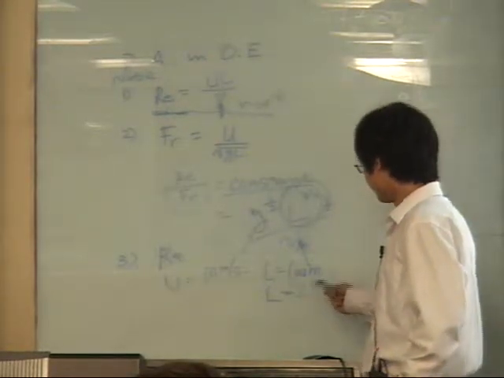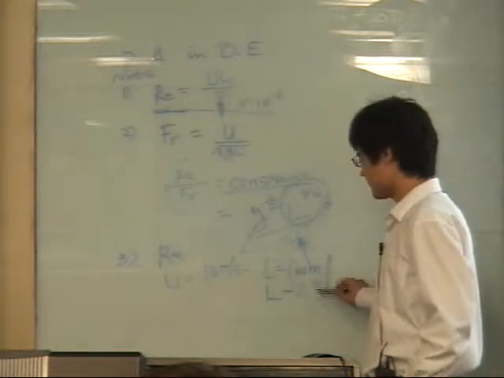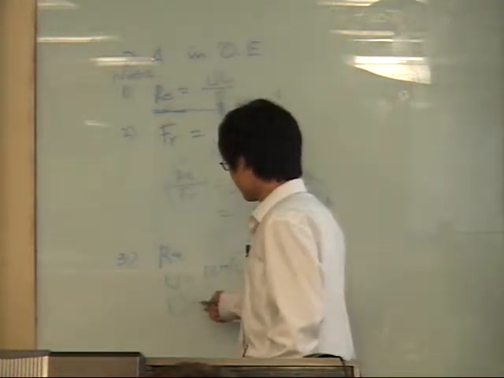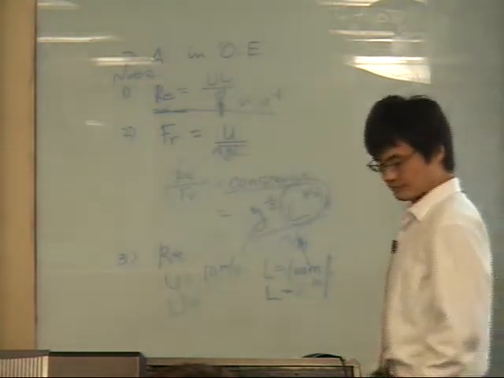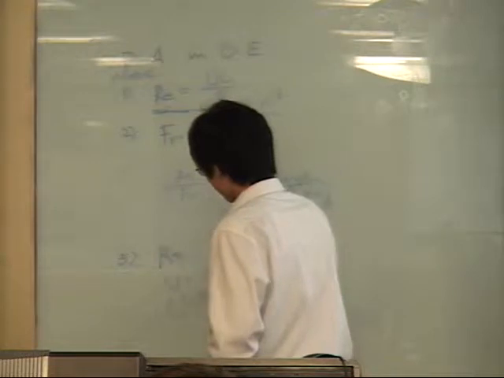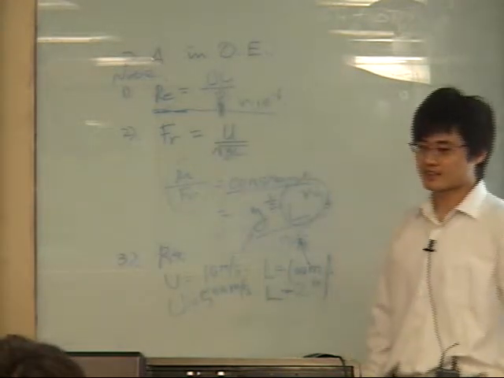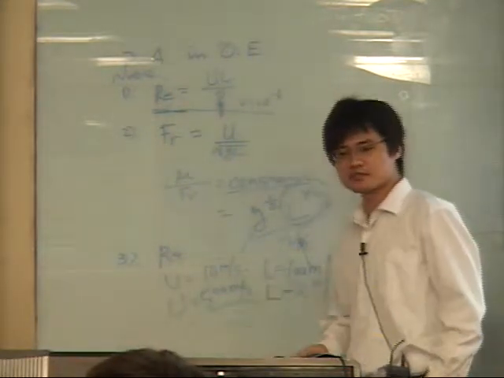Is that alright? 1 to 50 scale is reasonable. You figure out how large this U is. 500 meters per second. In the model test, can we do this? 500 meters per second?